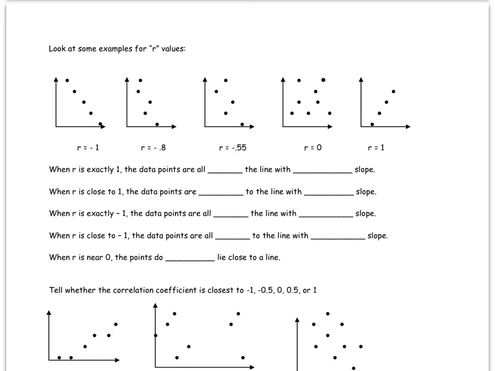Okay, so when R is exactly 1, the data points are all on the line with a positive slope. When R is close to 1, the data points are close to the line with a positive slope.